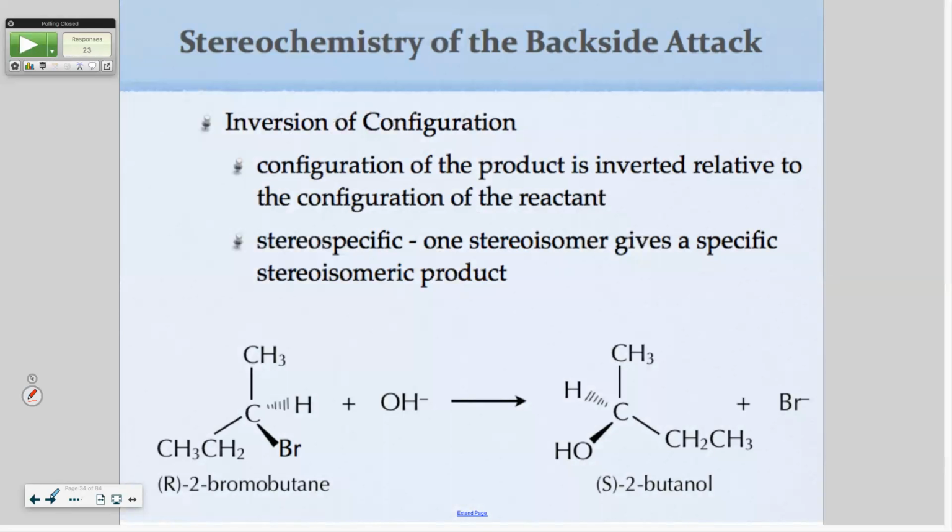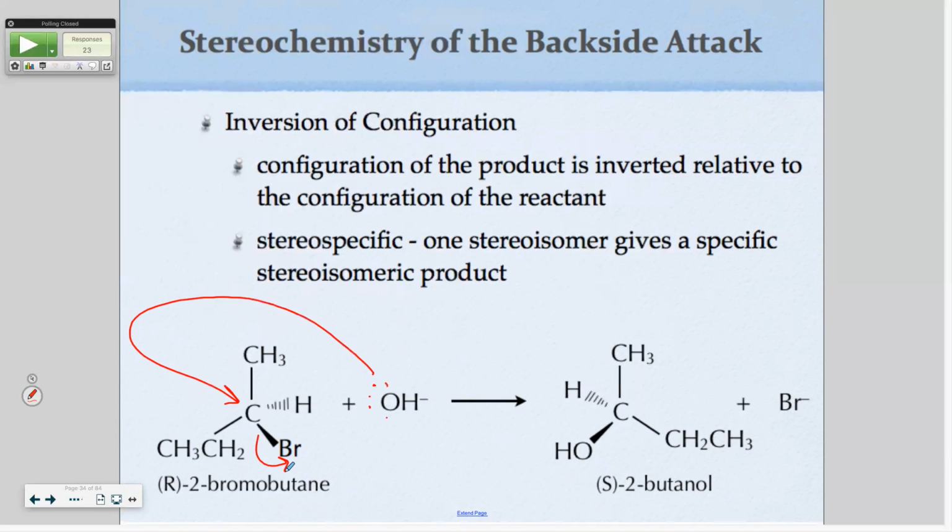Okay, when you do an SN2 reaction, your nucleophile comes in from the opposite side where the leaving group is. So look at this reaction down here. This is R-2-bromobutane, and your hydroxide ion is your nucleophile. It always comes in from the back, and the halide leaves from the front.